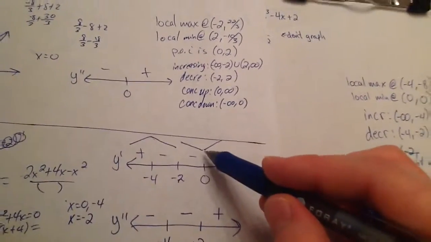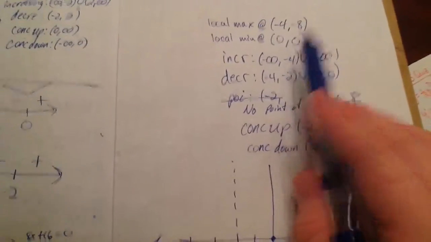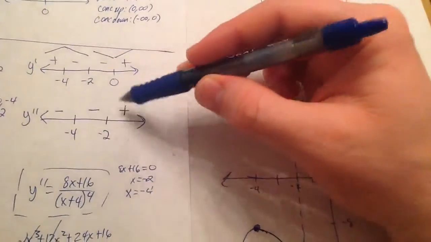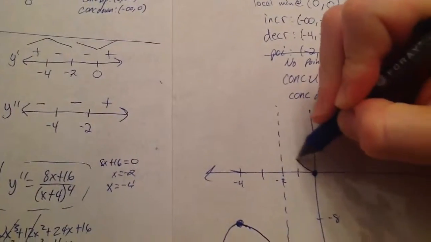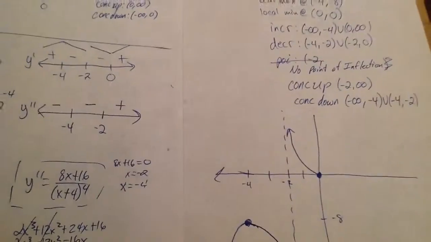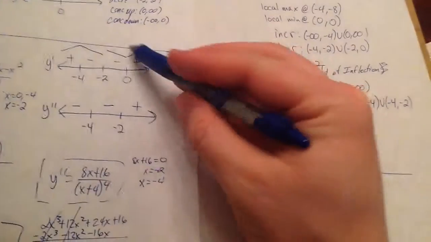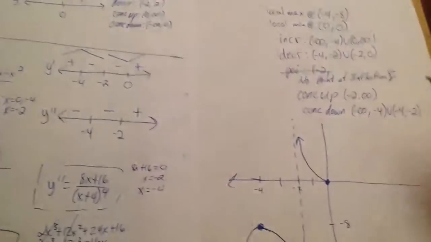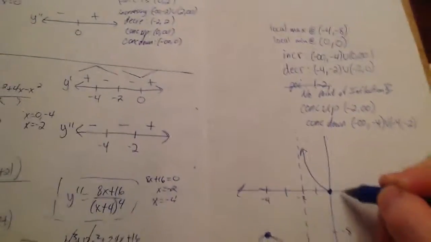And then after -2, we got a positive slope. Oh, our local min at 0, 0. Oh, hey, I already got that on there. So it's going to come down. Let's see, we're concave up. Okay, so it's going to go up along the asymptote. Like that. Come down, hit 0, then go back up. It's concave up the whole time. I could plug in some more points.